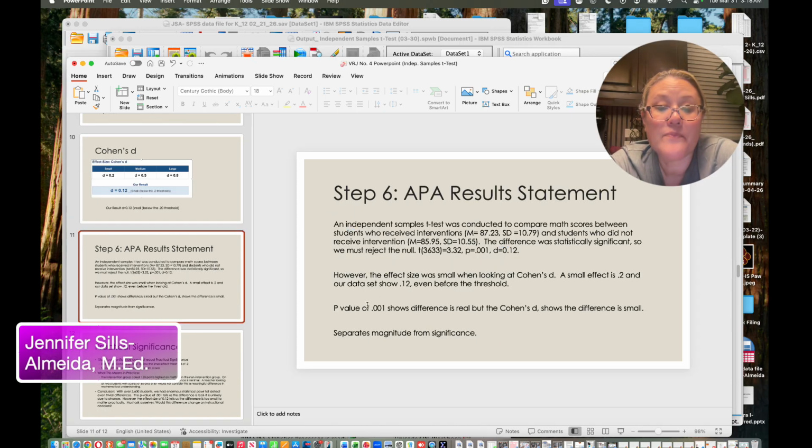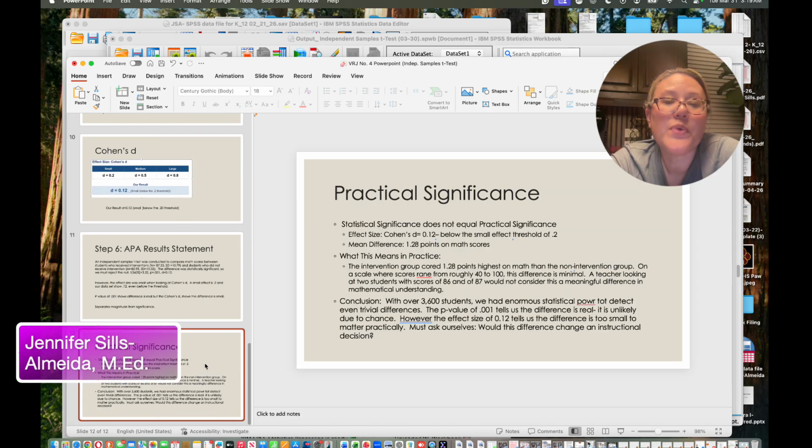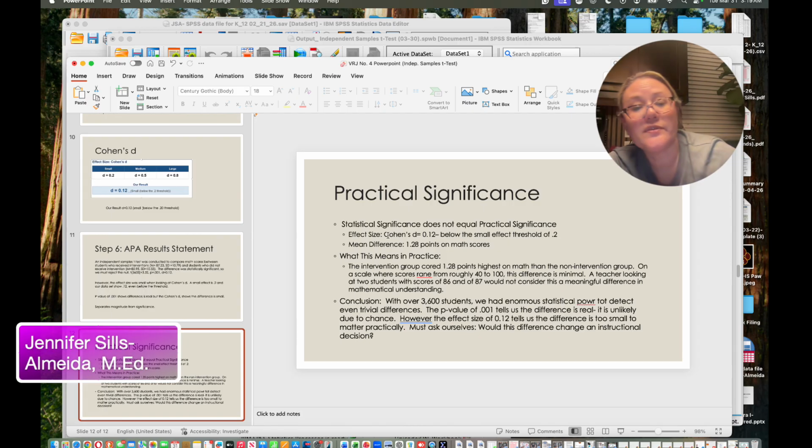The p-value of 0.001 shows the difference is real, but Cohen's d shows the difference is small. It was a very, very small difference, right? Because 1.28 between the ones that had intervention and didn't have intervention is a very small magnitude. Statistical significance does not equal practical significance.